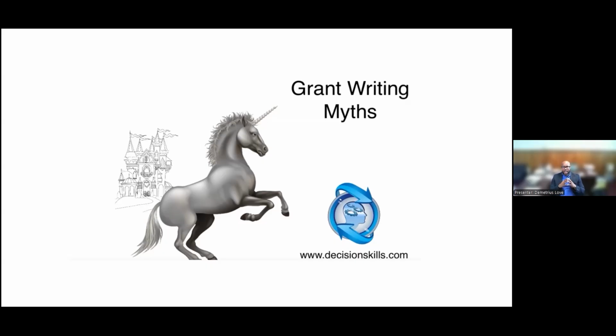So understanding some myths and being prepared when you start writing grants and going into writing your funding model is very, very helpful. So let's look at a couple myths.